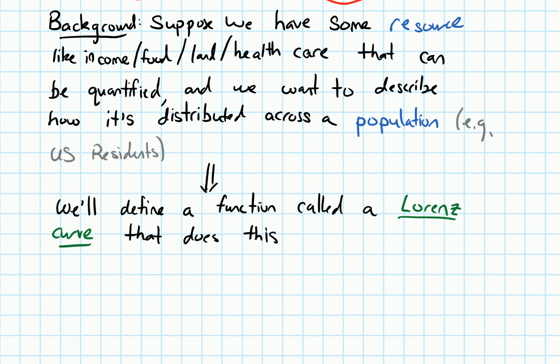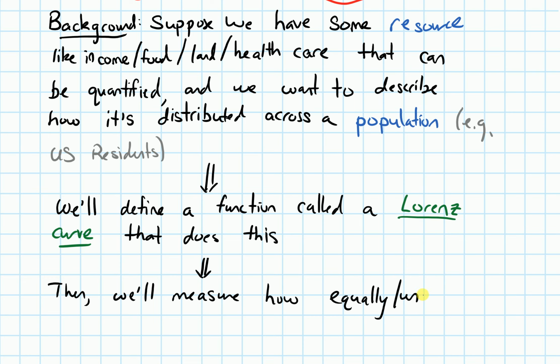And then after we have this function, we'll measure how equally or unequally the resource is distributed.